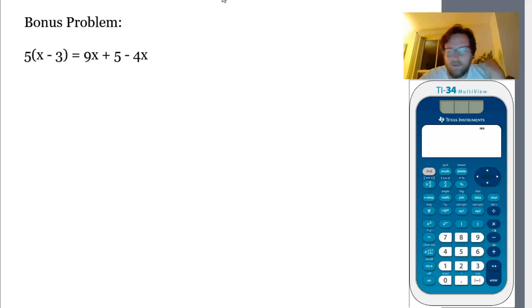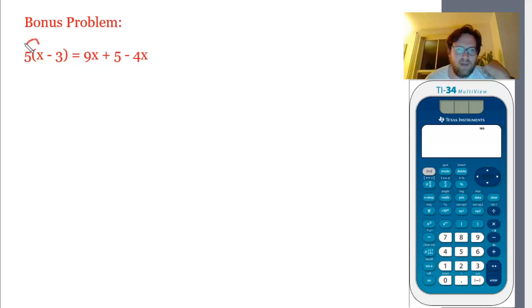We have 5 times x minus 3 equals 9x plus 5 minus 4x. On the left side, I notice there are parentheses. I don't know why that just turned. Oh, I do know why, but I'm not smart enough to fix it. Okay, so on the left side, we have 5 times x minus 3.